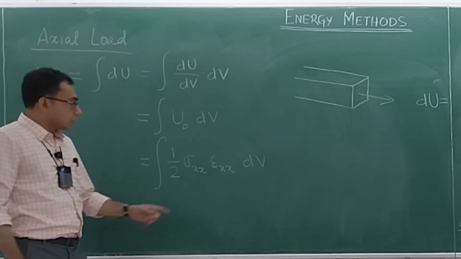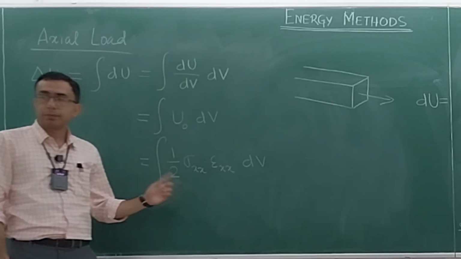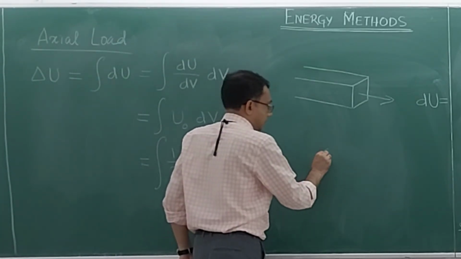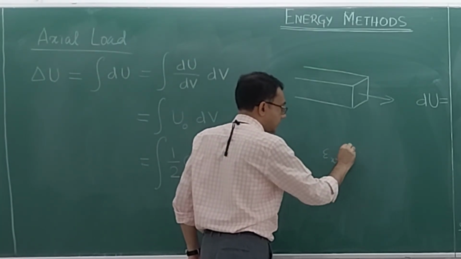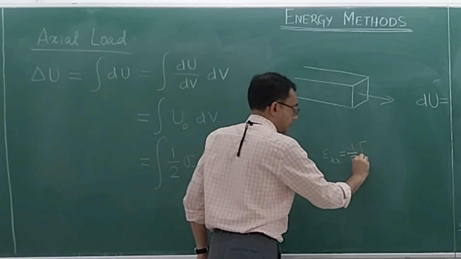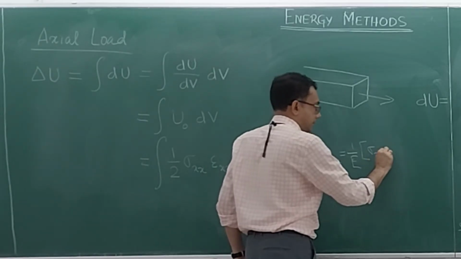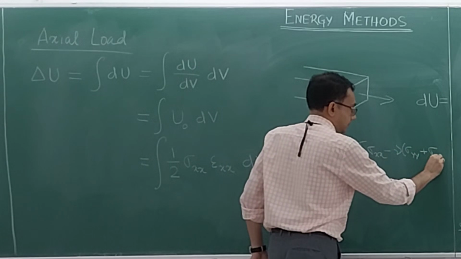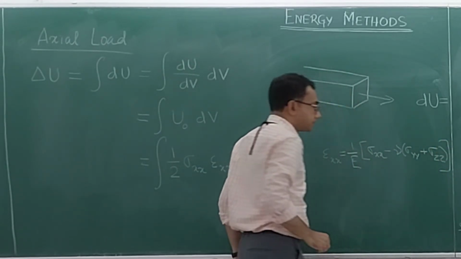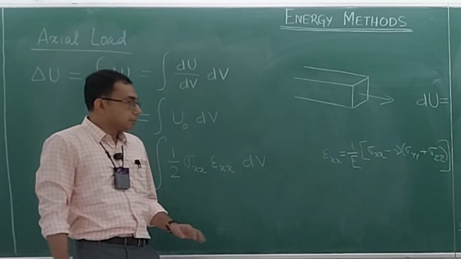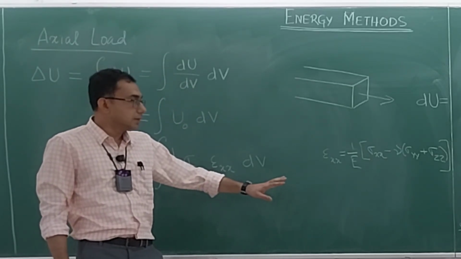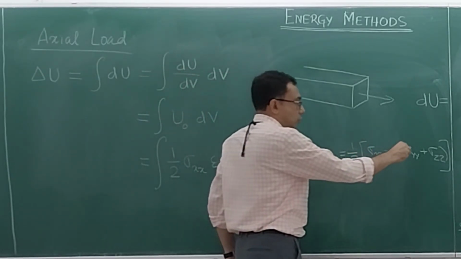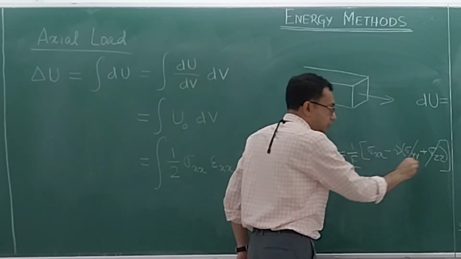Now, what is epsilon xx in terms of sigma xx? Well, in general, by the generalized Hooke's law, we have this relationship. But in order to keep things very, very simple, like almost KG level mechanics, we are going to neglect these contributions.